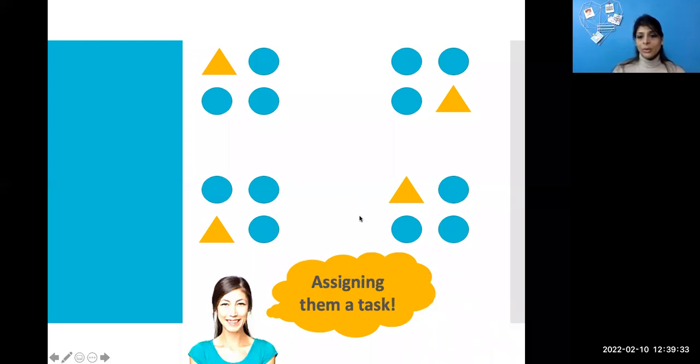The other way could be assigning them a task. So if we know for a fact that four of our learners are generally more dominating in a discussion, we could assign them a special task or an extra task. You could tell them before the discussion that you are going to lead the discussion, for example, and you're supposed to make sure that everybody gets a chance to participate.